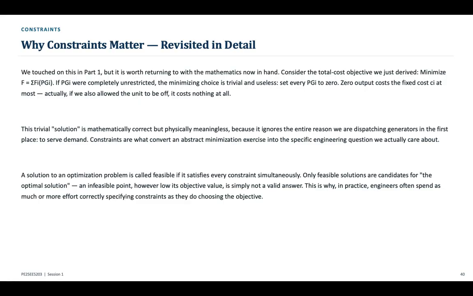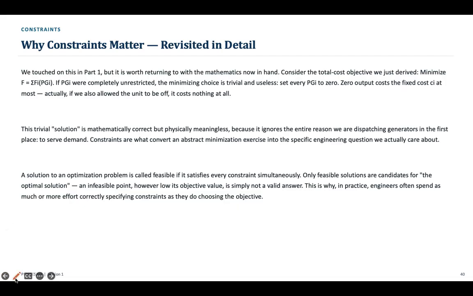Constraints means what? It's a limitation on which your generation can operate, on which the entire boundary is specified. We spoke about this in the very first part, but here we can have a bit of calculation, a bit of equational support, and we can prove how exactly this is happening.